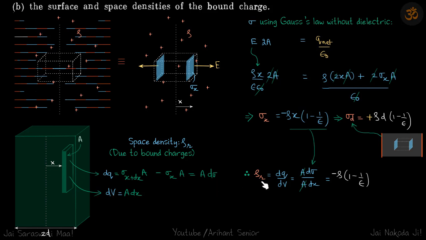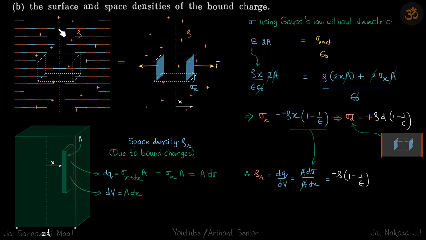So rho r, which we need, is dq by dv, equal to a d sigma by a dx. So d sigma by dx, from here, is minus rho times 1 minus 1 by epsilon, which is our answer. You can see that we have solved this problem of surface and space densities with the bare fundamentals.